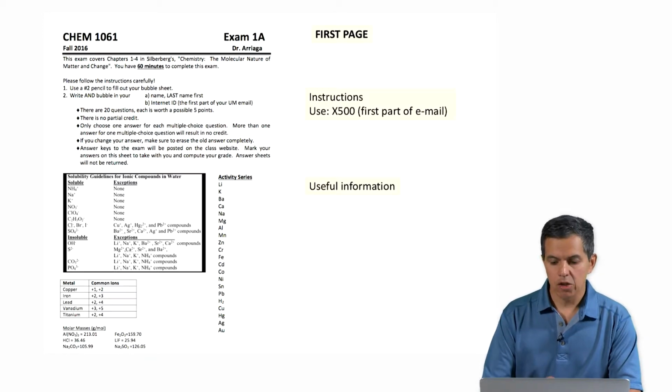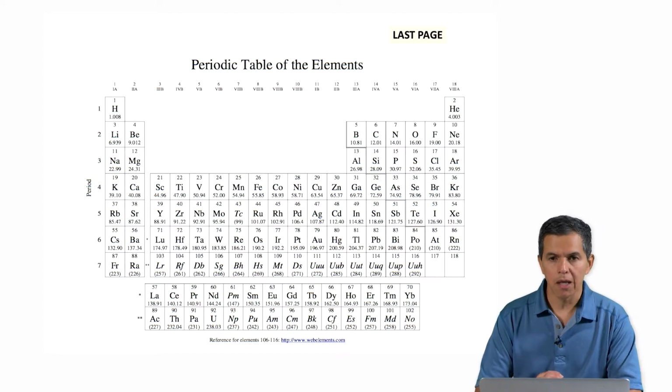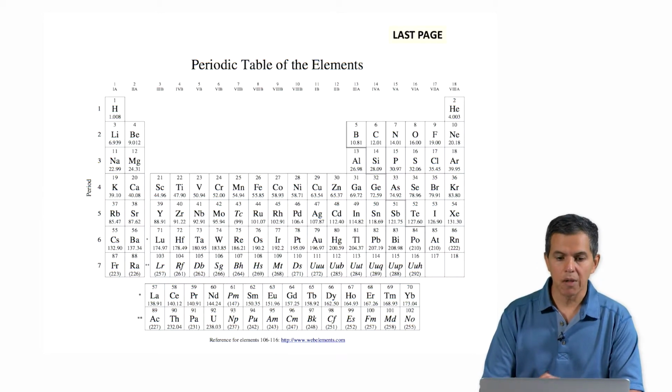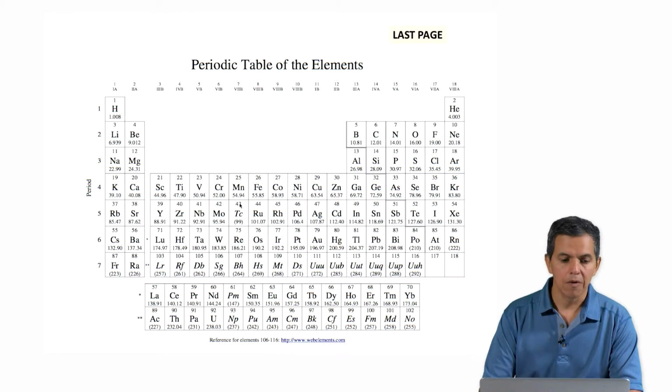The last page of the exam consists of a periodic table. Even though a periodic table is a standard way to communicate and catalog chemical information, styles vary from table to table. So it's important to get familiar with where to find the groups, the different periods, the different elements, for instance, manganese.